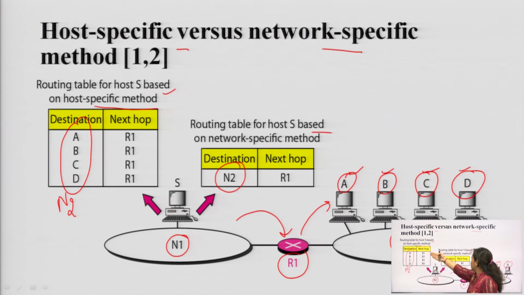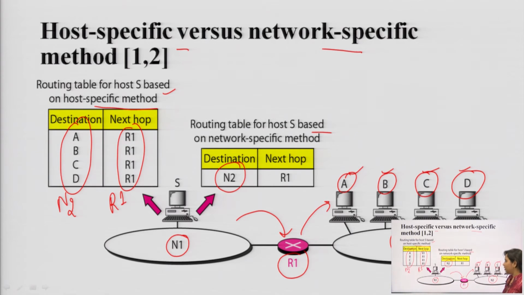In this case the next hop is also reduced, replaced by R1, because the next hop for all the 4 cases will be R1. If you compare these 2 entries, the second one is much simpler in terms of entries, and the first is the detailed version of the information. So, this is the host specific versus network specific case.